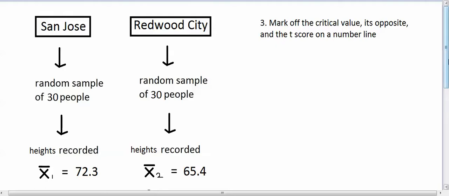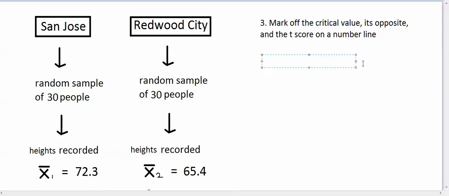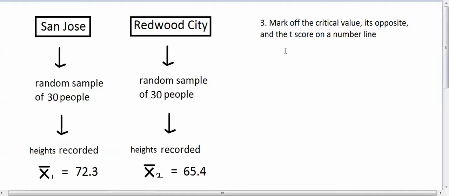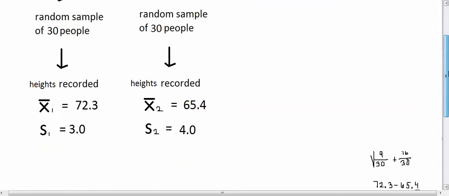To get the critical value, you'll have to go to a table called the t-table, which is actually the same table that you used last week. That table will give you the critical value. But before we can go to that table, we have to actually calculate a number that's going to tell us which row to go to in the table.